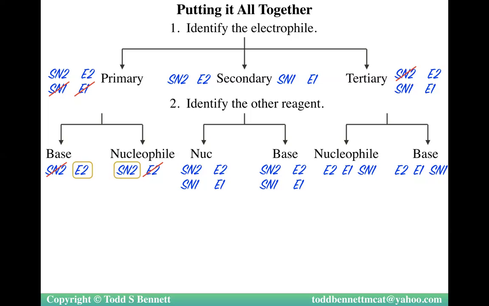Okay, for secondary, that's where things get a little bit trickier. So if it's a nucleophile, it can be substitution. If it's a base, it can be E2. Acid would end up being E1 under conditions like that. So I've sort of ignored that possibility of an acid. Acid here wouldn't matter because it wasn't going to be an E1 anyway, but I should have a third column, potentially acid.